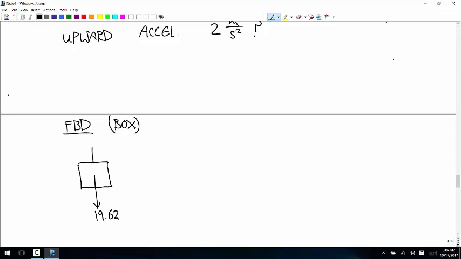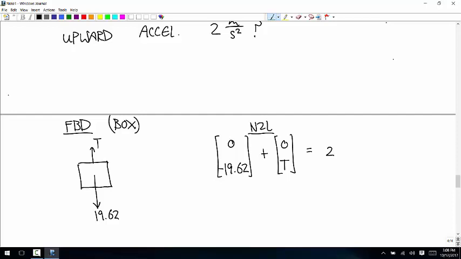And the force applied by the cable is still up and has a value of T. But now Newton's second law is going to look different because of that acceleration. The left side will look just the same. The forces are still 0, negative 19.62, plus 0, positive T. And those are equal to a mass of 2 times an upward acceleration of 2 meters per second squared. So the acceleration is 0, positive 2.